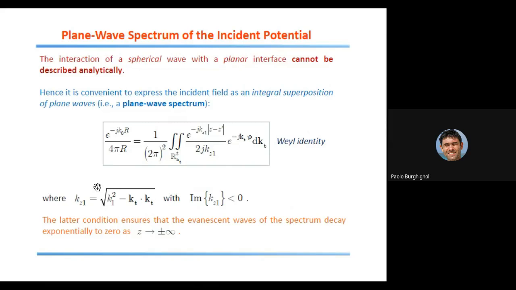Of course, as always, the square root is not uniquely defined, so we need to choose one of the two determinations of the square root, and we will choose the one whose imaginary part is negative.